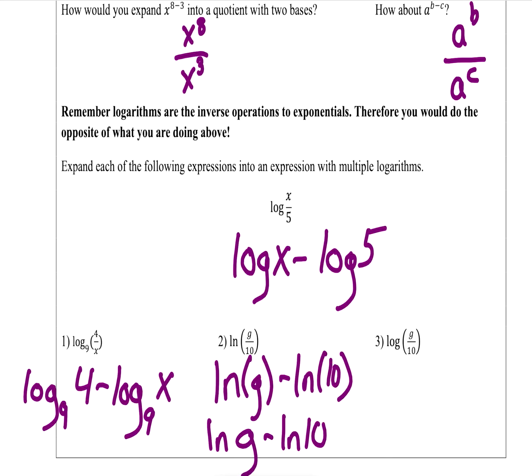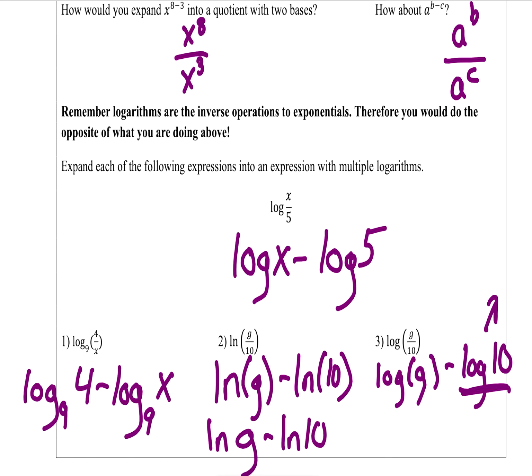And number 3 would be log of g. We're dividing, so it'll be minus log of 10. Now this can be simplified a little bit more. Remember, log of 10, if you remember the rules, or you can write down its exponential form if you forgot the rules.